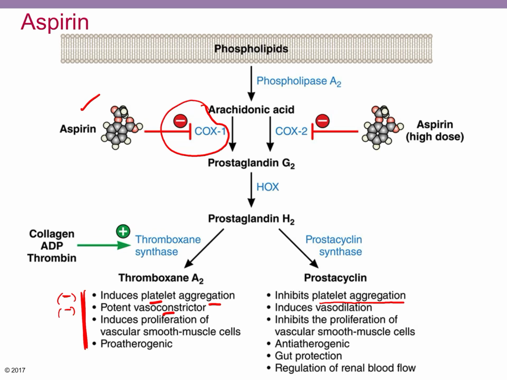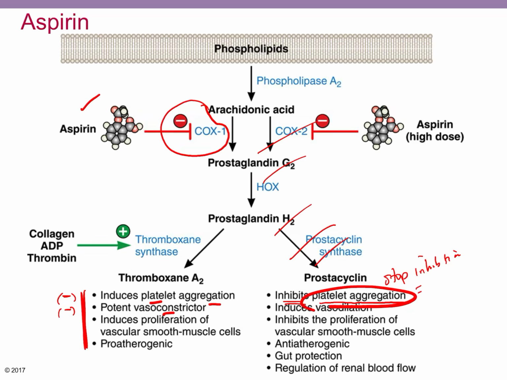If you look at the second pathway here, the second pathway inhibits the aggregation, but since aspirin shuts this down, it doesn't inhibit anymore. It's going to stop the inhibition, which leads to a free-for-all. Go ahead and aggregate your platelets.